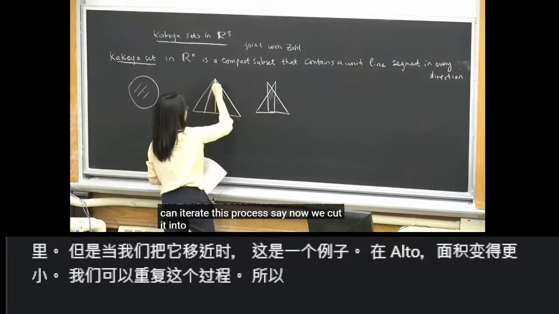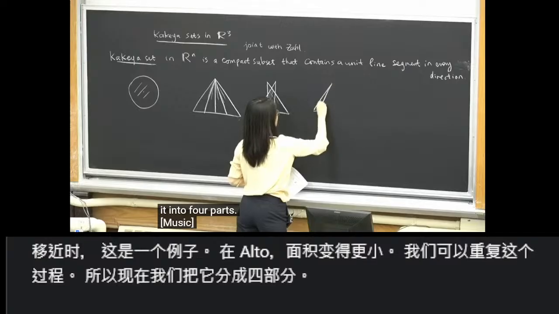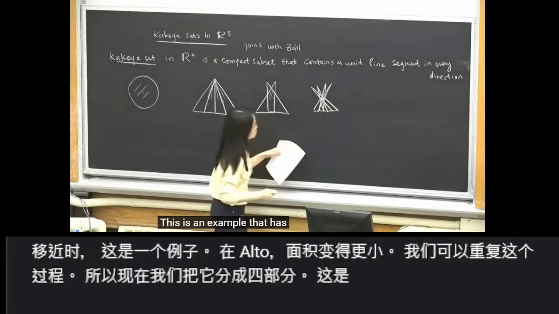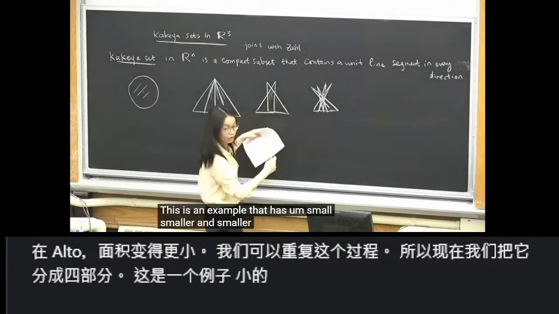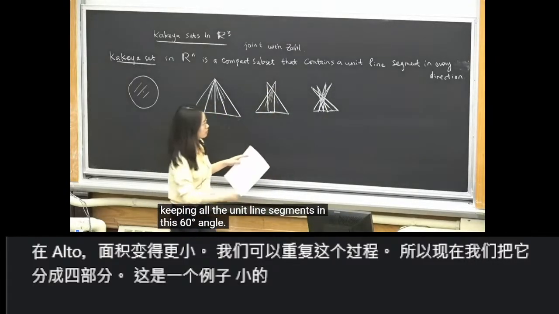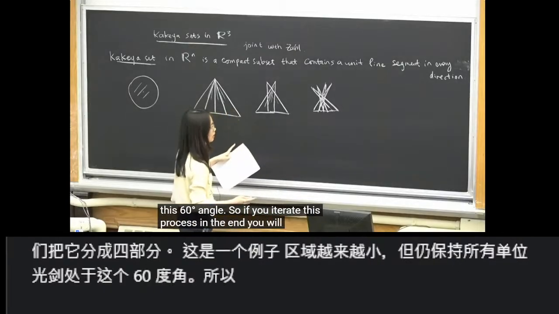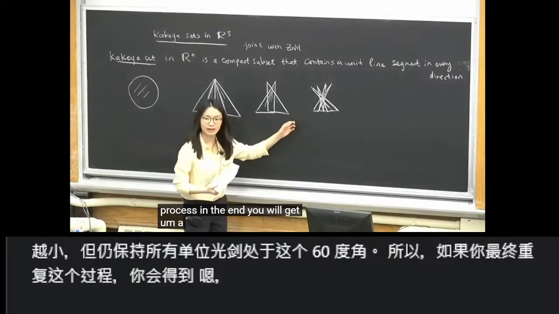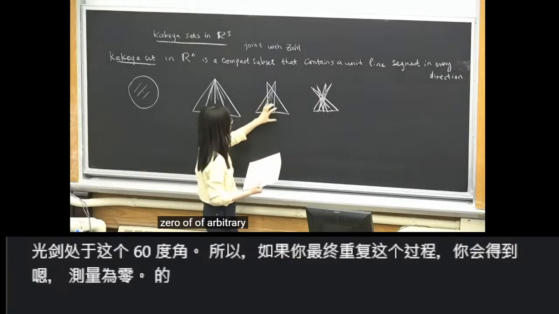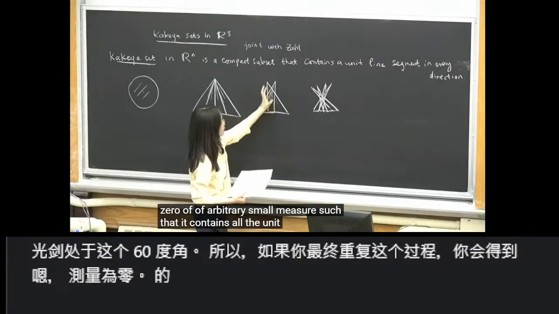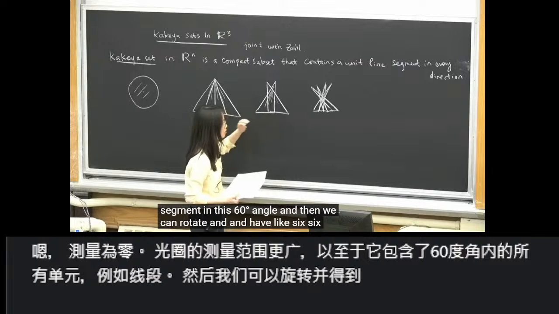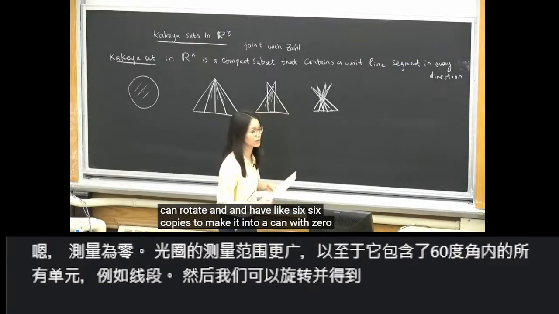Say, now we cut it into 4 parts. This is an example that has smaller and smaller area, but still keeps all the unit line segments in this 60-degree angle. If you iterate this process, in the end you will get a set of arbitrarily small measure such that it contains all the unit line segments in this 60-degree angle, and then we can rotate and have six copies to make it into a Kakeya set with zero measure.